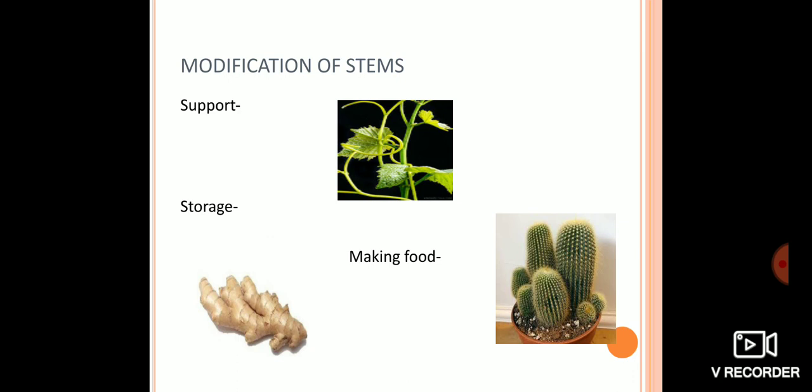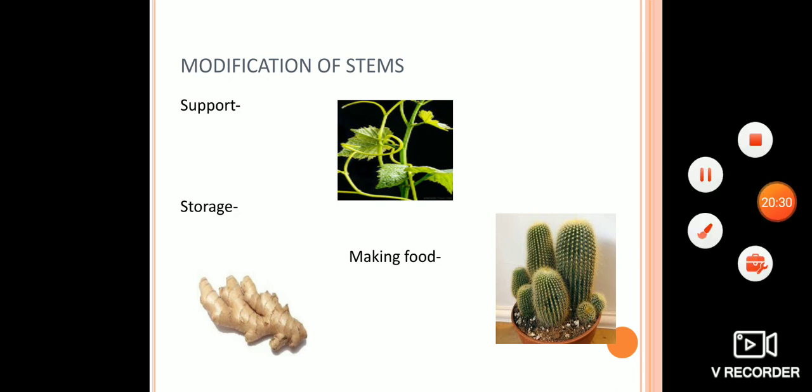These tendrils coil around any rough surface they come in contact with and thus provide support to the weak stems of these plants. So these tendrils are a modification in the structure of the stem. These are also called climbers or twiners. Now see the next.